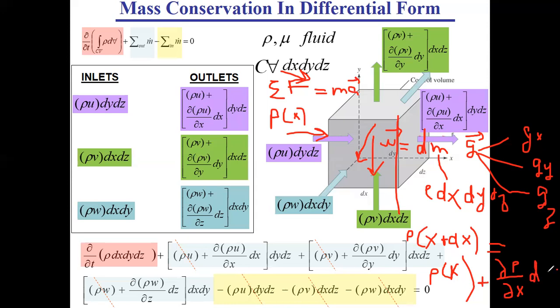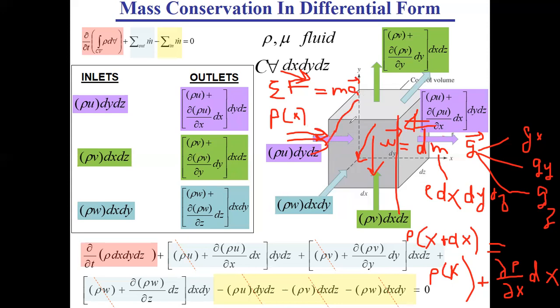And just pay attention, pressure forces are always acting towards your control volume. So pressure forces from this side will be to the right, and pressure forces from this side will be to the left. To determine the value of the pressure force, you multiply the pressure by the area on which it's acting.